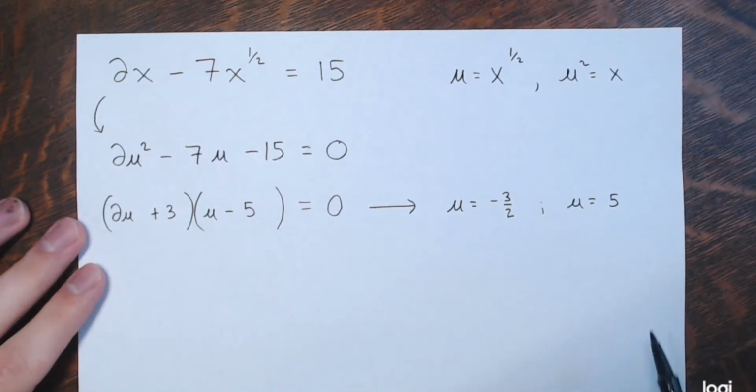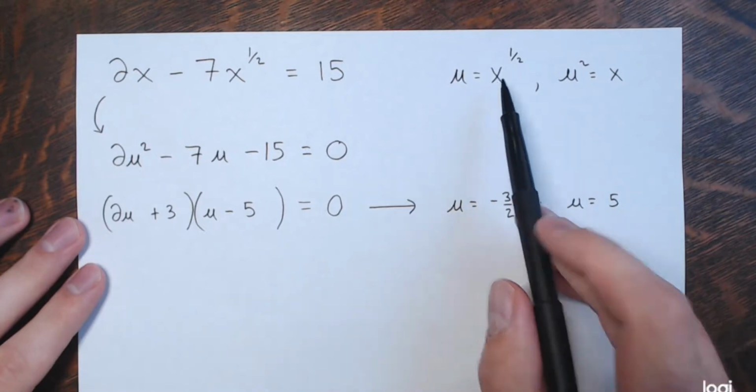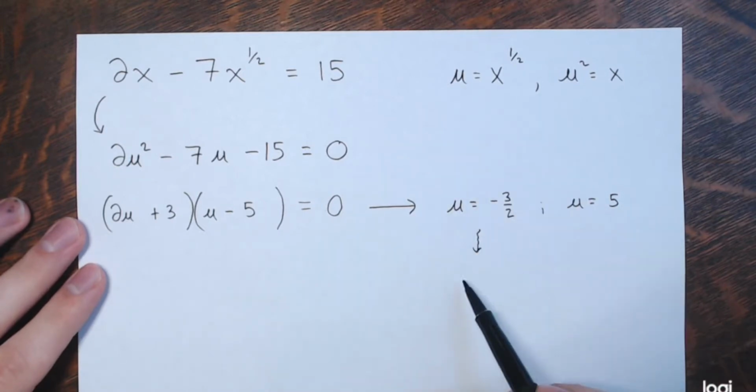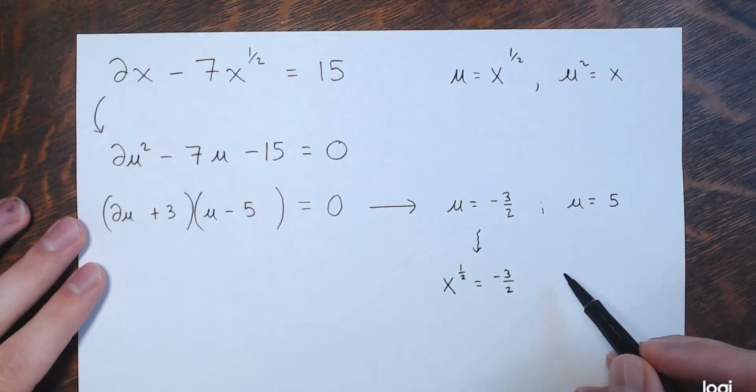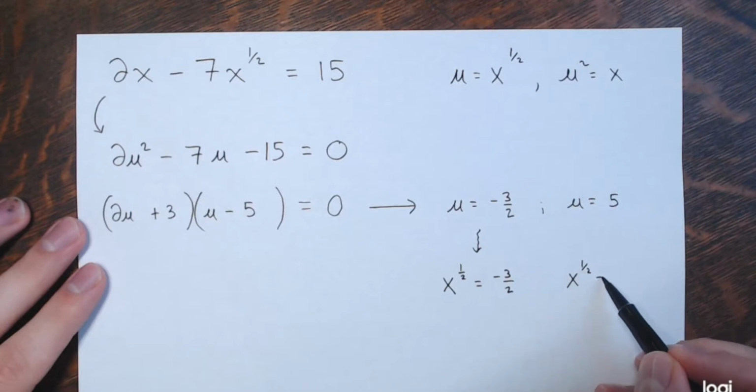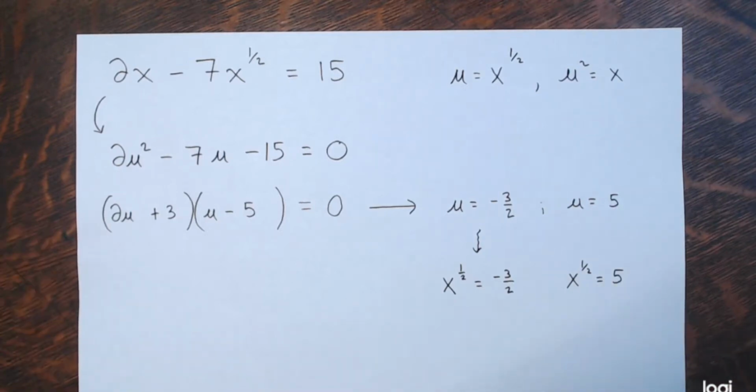Then replace u with x to the half. So we have x to the half equals -3/2 or x to the half equals 5. Now this is a little trickier. Earlier questions we had x to the 1/3 power, which was the cube root, odd root.